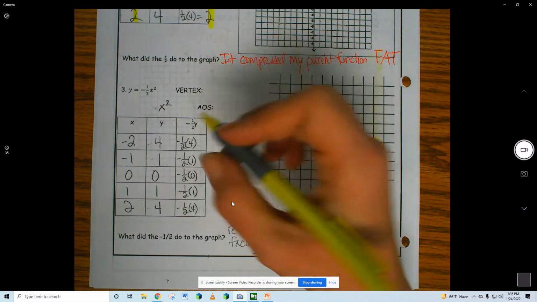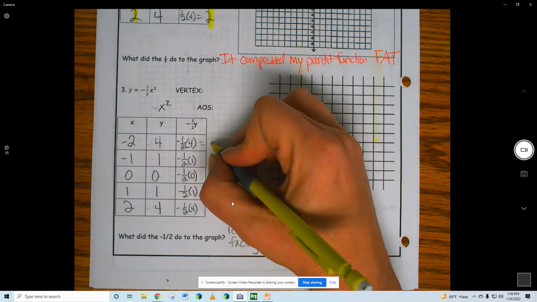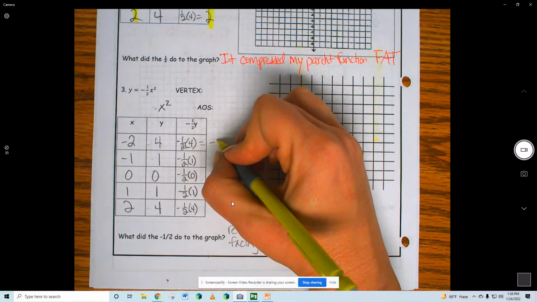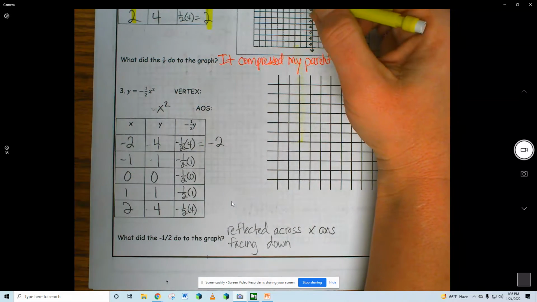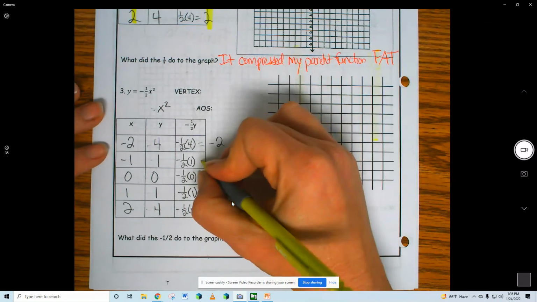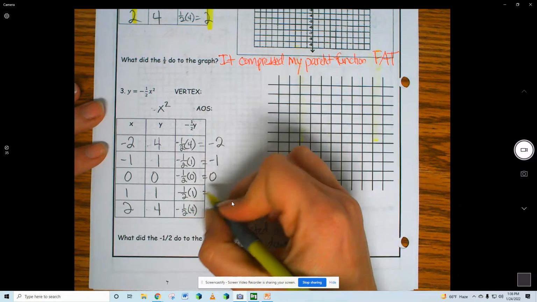So 4 times negative half. What's 4 times negative half? Negative 2. You guys, it's the same numbers as up above, but they're negative. Half of negative 1, negative 1. Negative half times 1.